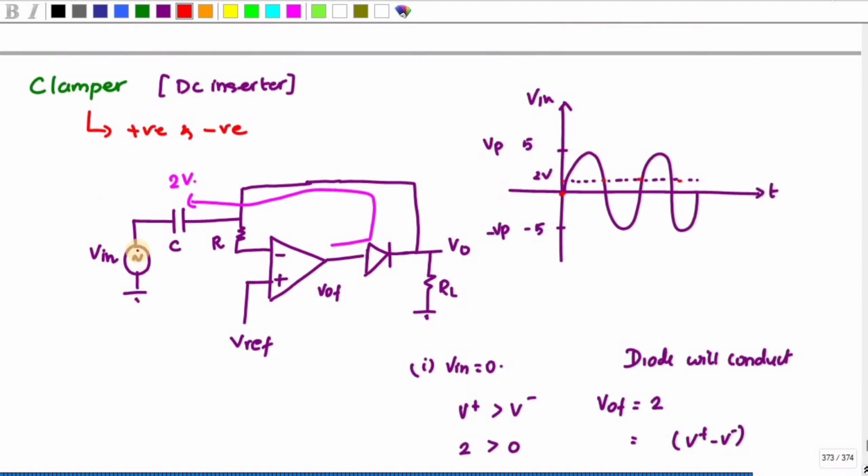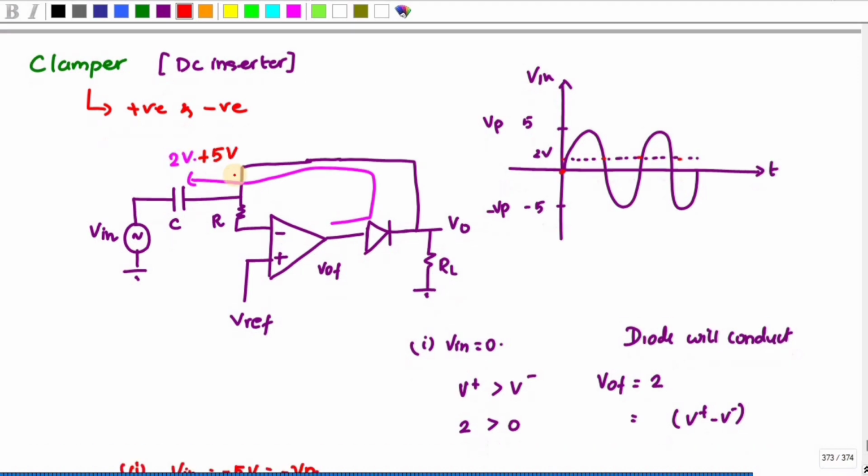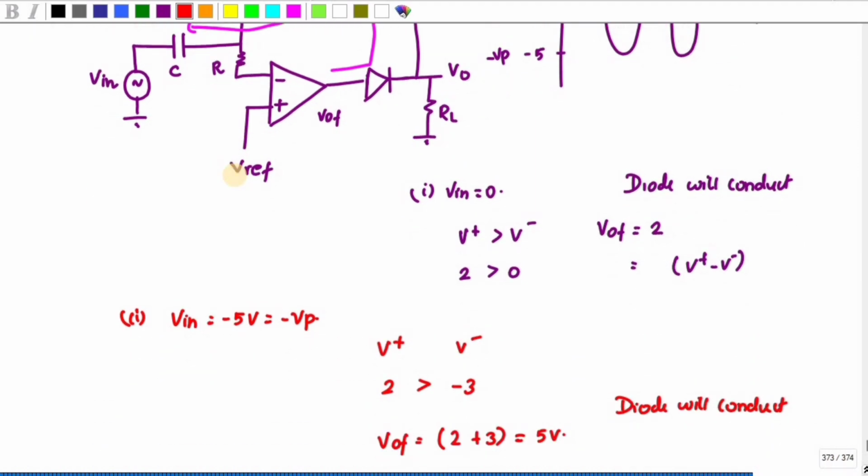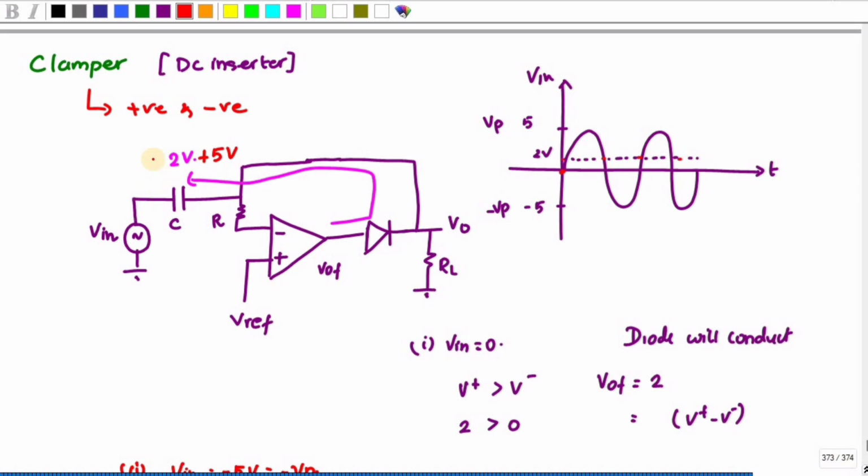Initially I have 2 volt, and again the diode will conduct and it will charge another 5 volt. So now it is 7 volt. The 2 represents the V reference value, and this 5 volt represents the Vp value.